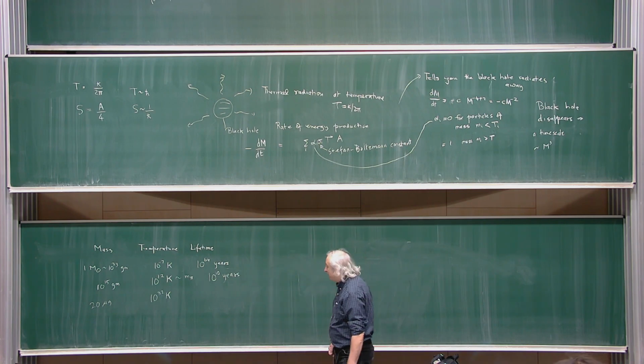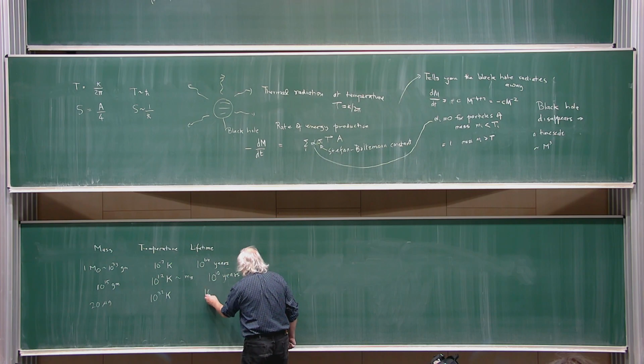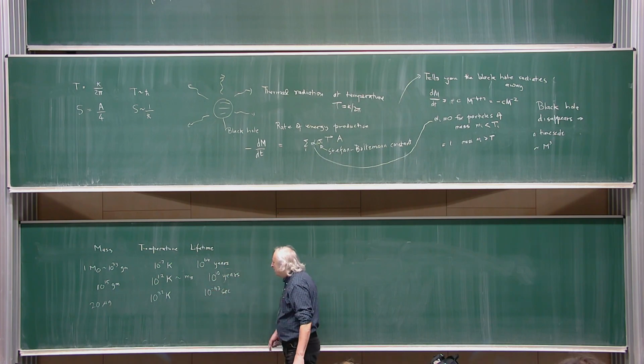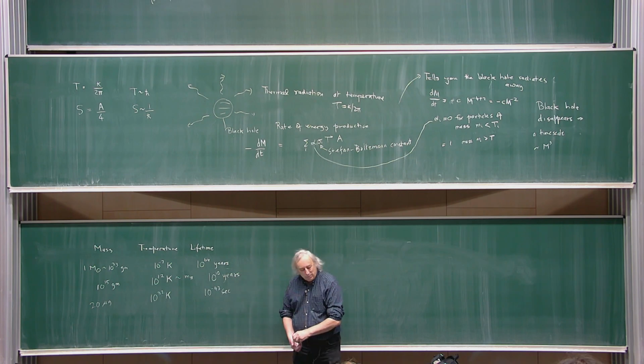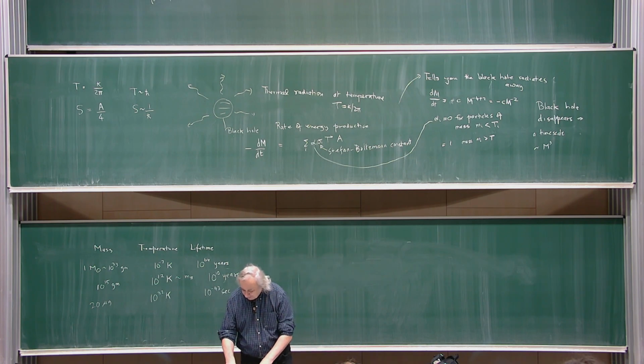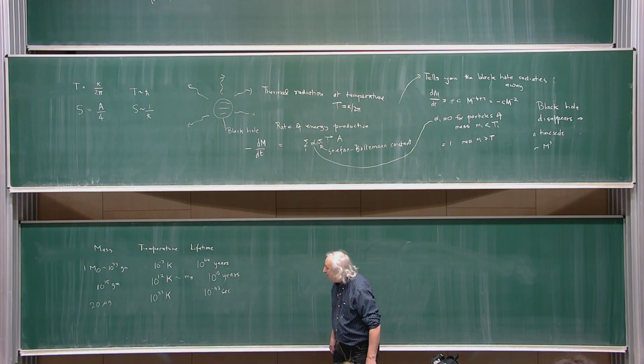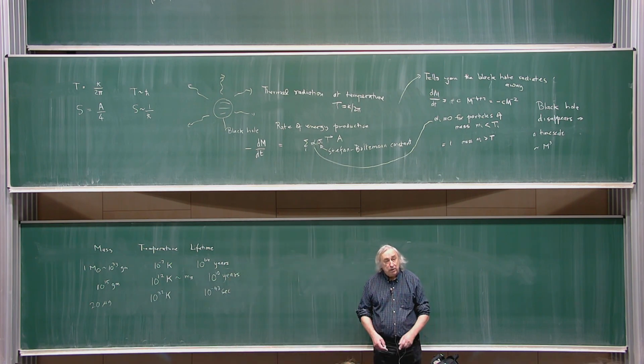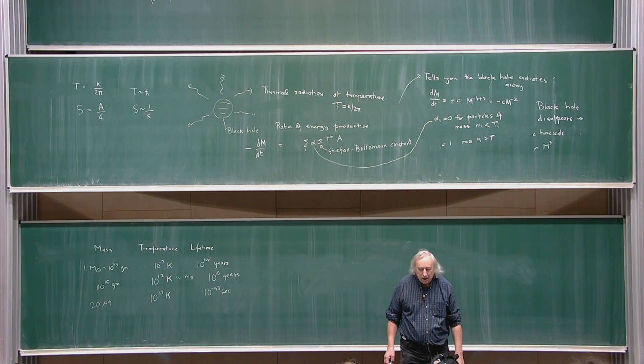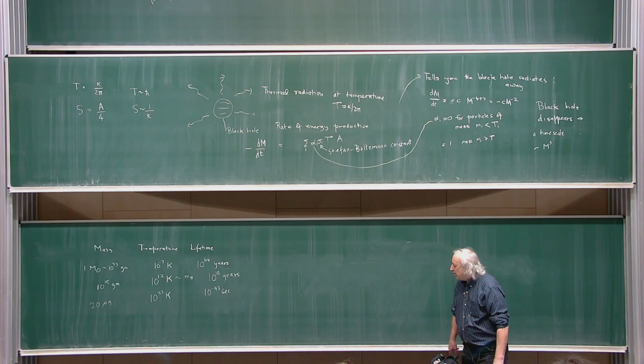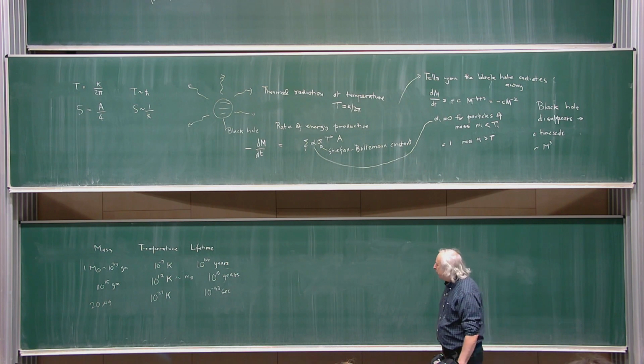And its lifetime will be 10 to the minus 43 seconds, 1 Planck time. It's in this region that you might hope to find some direct consequences, but roughly speaking, none are known, except for what is usually called the information paradox.